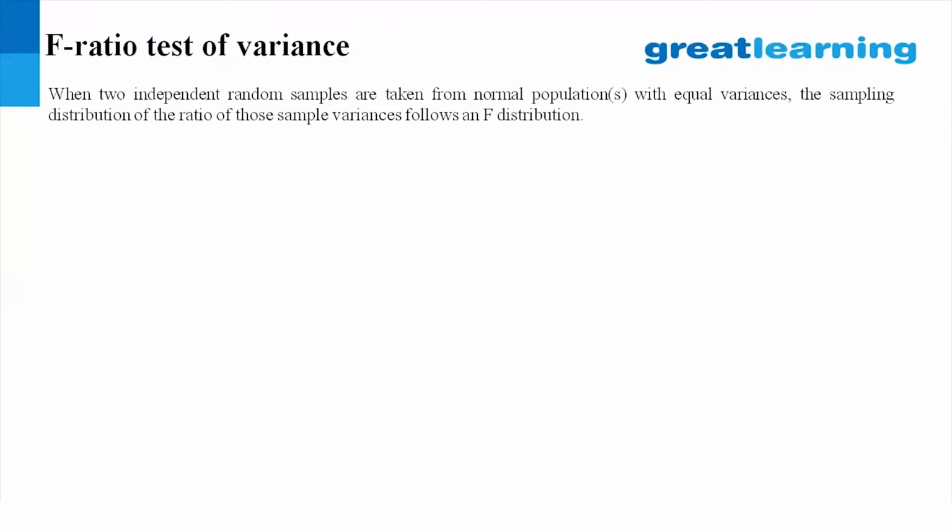The best thing about the f-test is that it is the easiest to calculate compared to all the tests you've seen so far. With the f-test, you take two independent random samples from a population. If you were taking one sample, you said they'd follow a chi-square distribution. If you're taking two samples, your sampling distribution follows an f distribution.